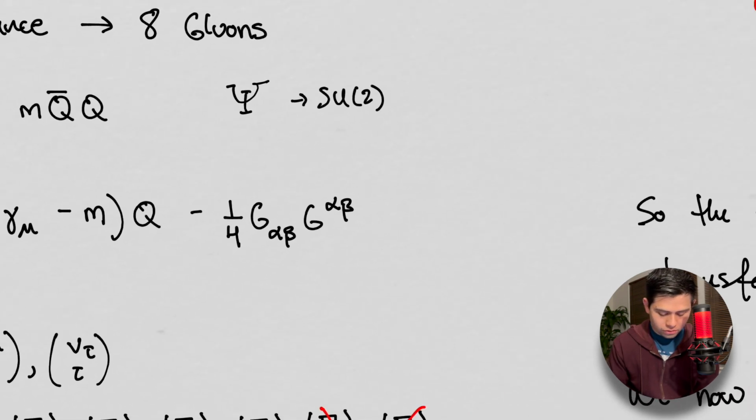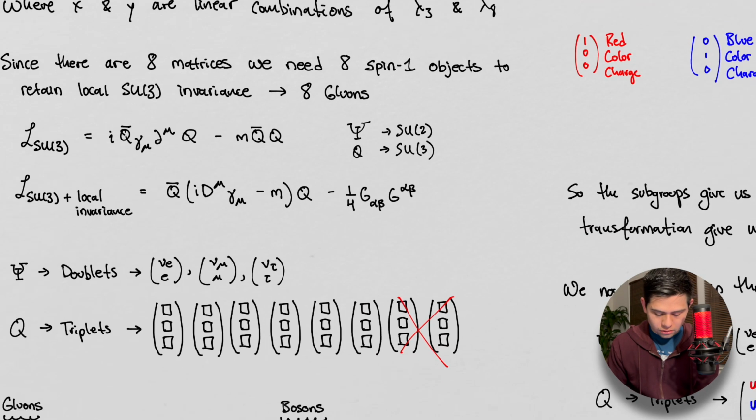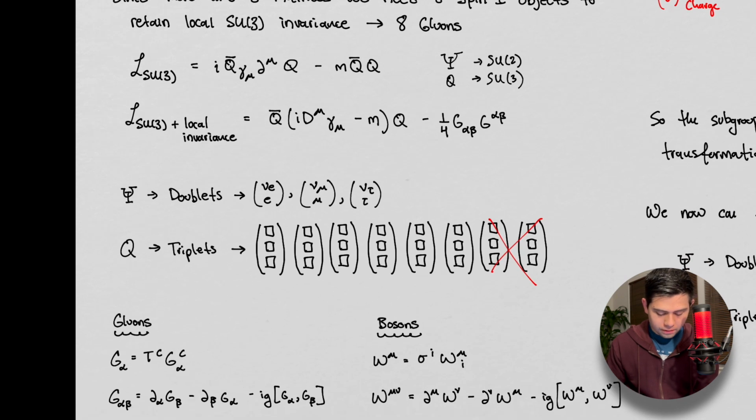Q we're going to reserve for the SU3 case. Okay. And again, this is the Dirac equation. This really isn't that much different than what we've been seeing before.